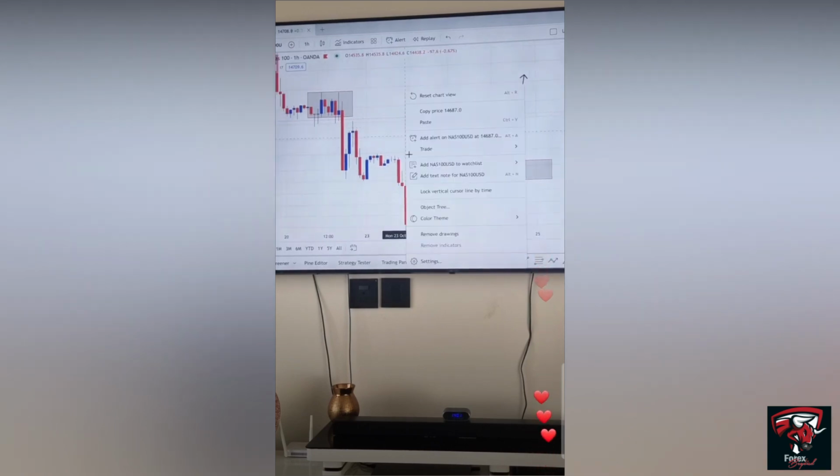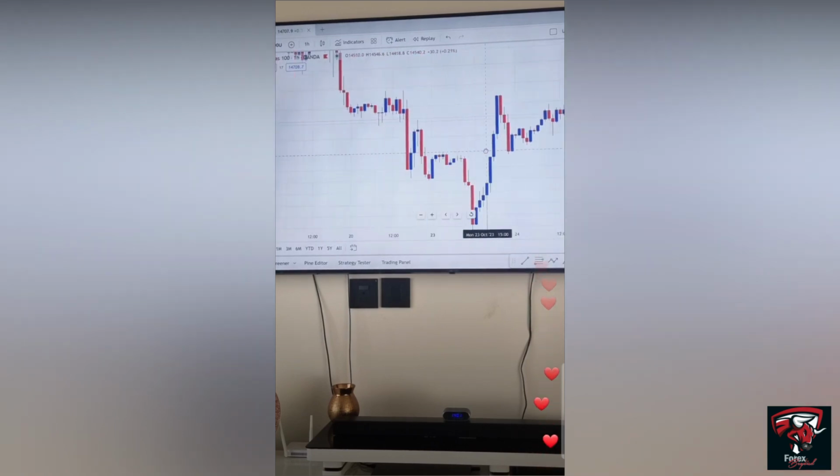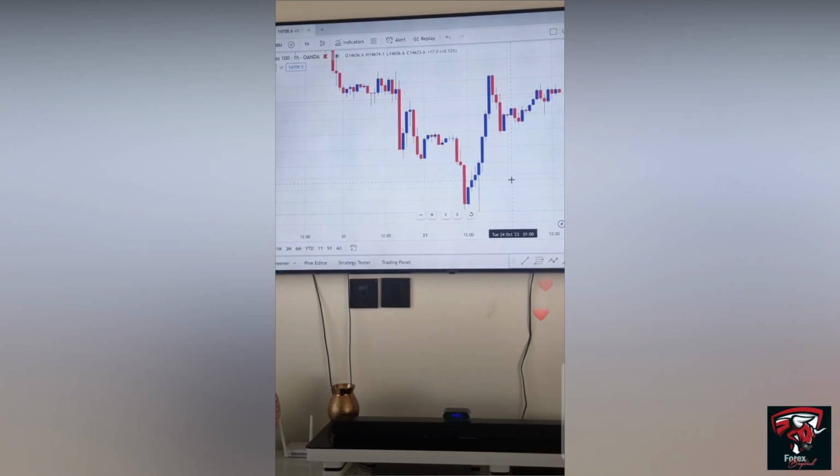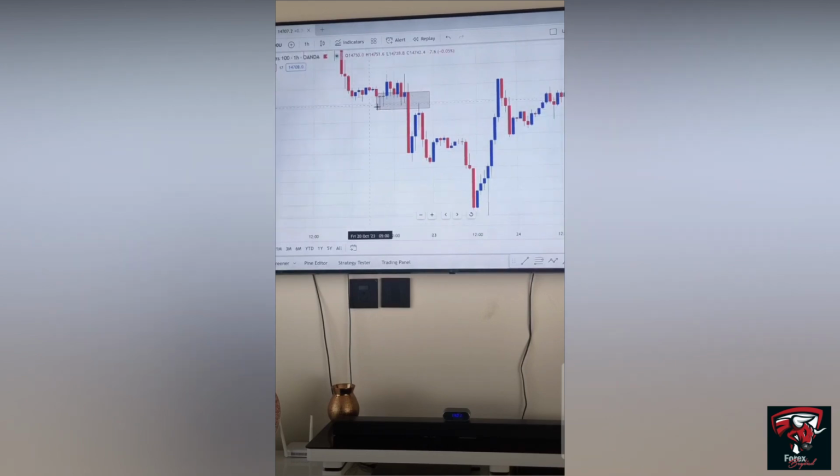I'll make an example. Over here, once price distributed, right? Once price distributed, it created this gap. People would say price would now go lower, right? Because we have a demand now.